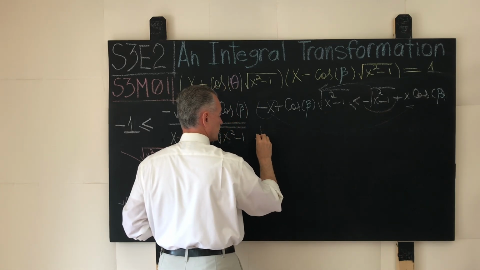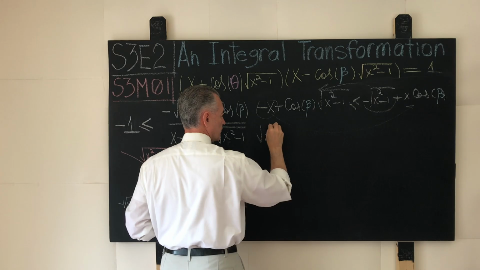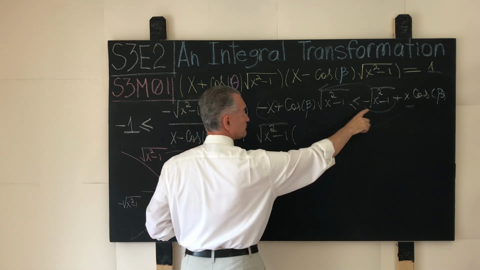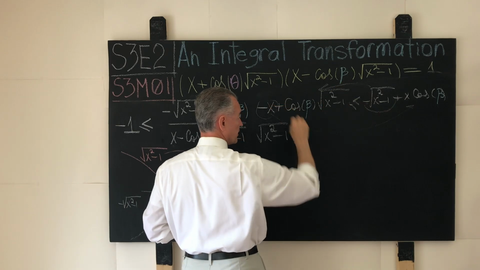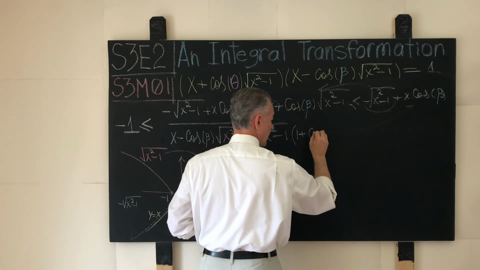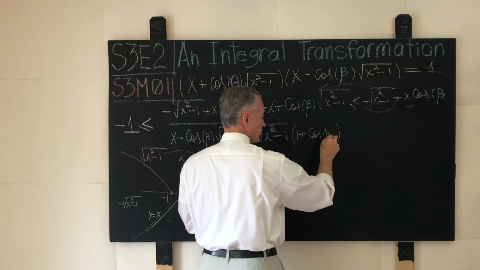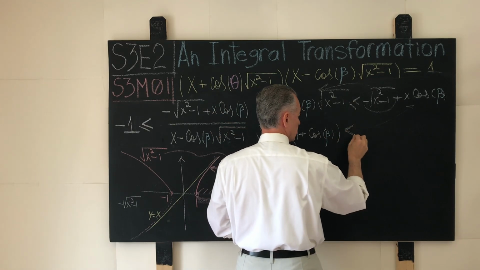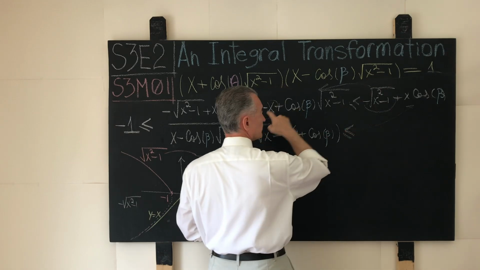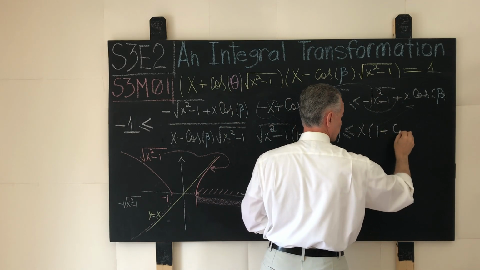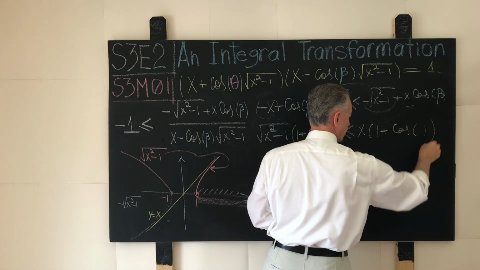On the left hand side, we will have square root of x squared minus 1 times, this was minus, it became plus, 1 plus cosine of beta, presumably less than or equal to x, factor out, also 1 plus cosine of beta.